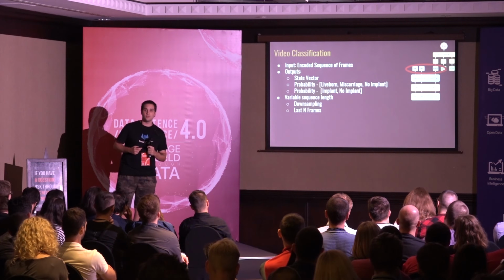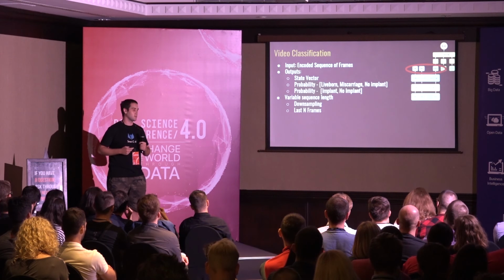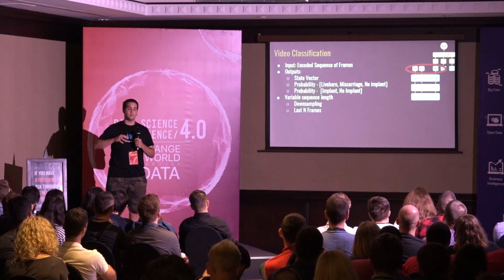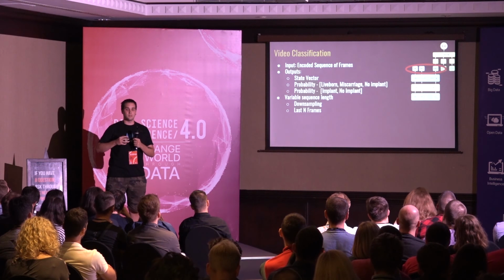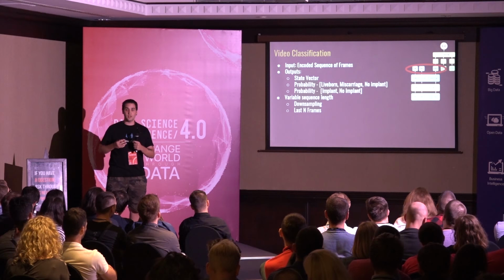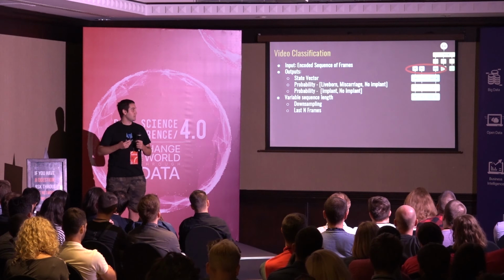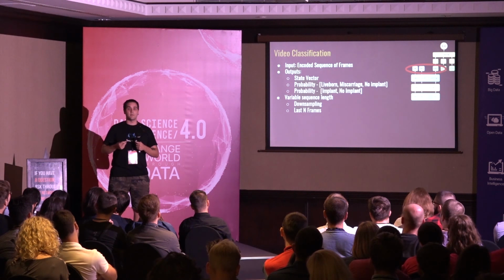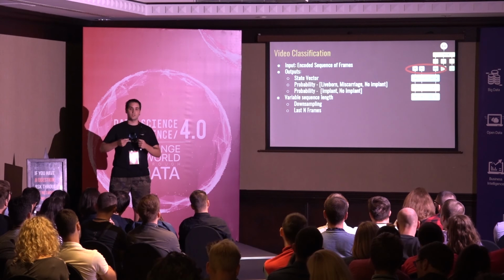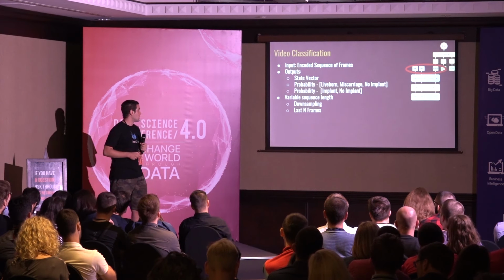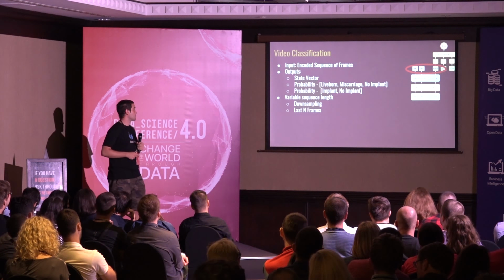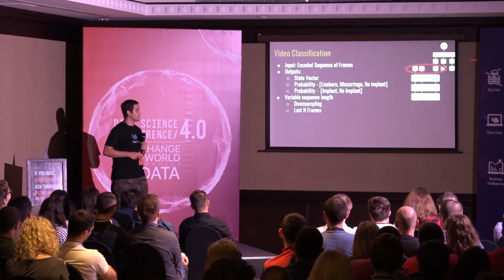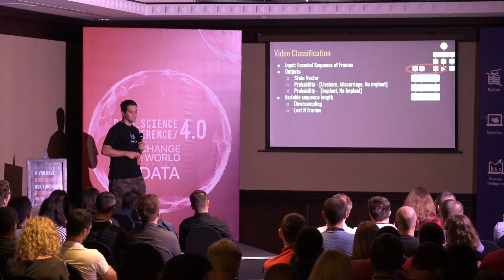Now we are ready to classify the whole video. We have a part that takes the embryo from the frame and pre-processes it, then we put that embryo into the feature extractor to get a feature vector, and then we input this feature vector into some RNN, which will do the classification. The output of this video classification was either a state vector, if you want to use some external data sources, or a probability.